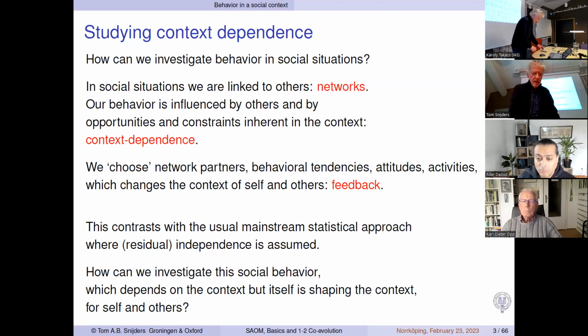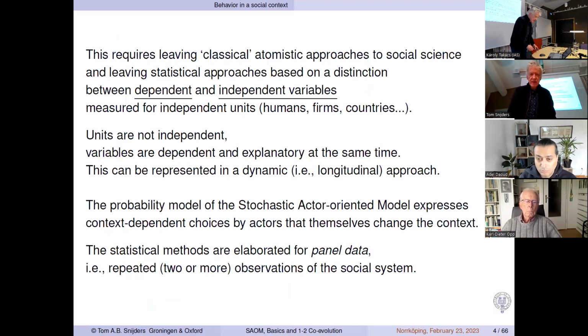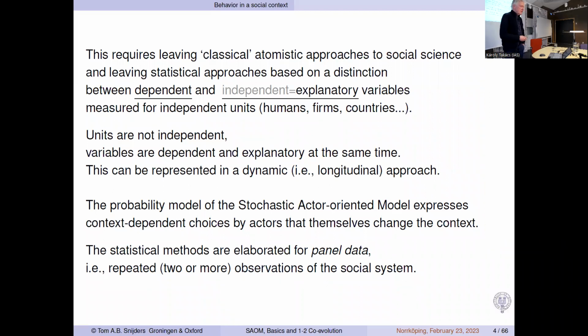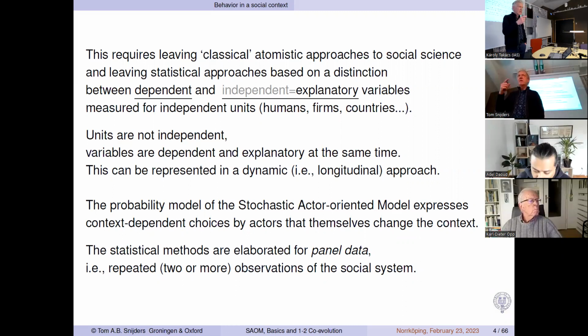So the question is, how can we investigate this context-dependent behavior? The units are not independent, and variables are explanatory and dependent at the same time. In regression terminology, we are used to talking about dependent and independent variables, but we really should think not about independent, but about explanatory variables.